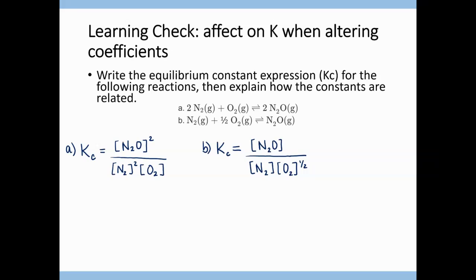So comparing now the equilibrium expression for reaction B to A, it's the same except the exponents are 1/2 of the exponents in A. So compared to A, all exponents are 1/2 of the exponents in A.